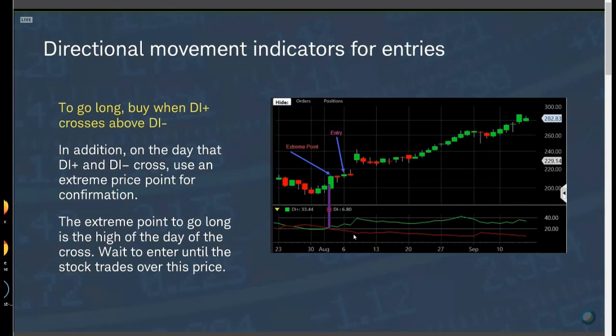Why would that be a signal? Well, just think about it. What it means is that the positive directional movements are greater than the negative directional movements, right? Which means the stock is probably strengthening, all right? So that is the first part of the signal, is when positive DI crosses negative DI from below to above.